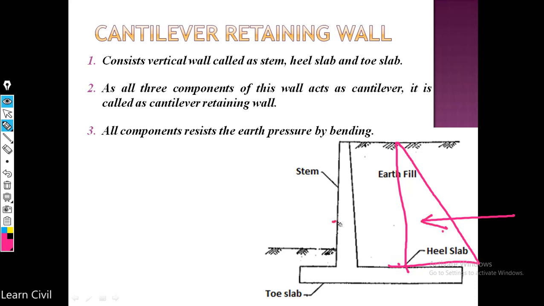So it will act here like this, and it will bend like this. This is an exaggerated shape. So the earth pressure is resisted by bending action, and the behavior is cantilever behavior. Therefore this is considered a cantilever type of retaining wall.